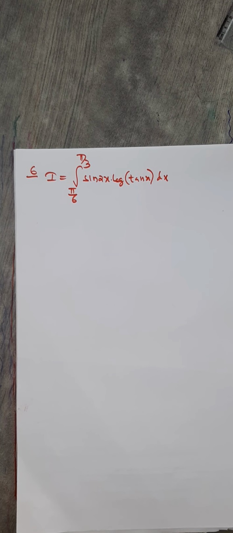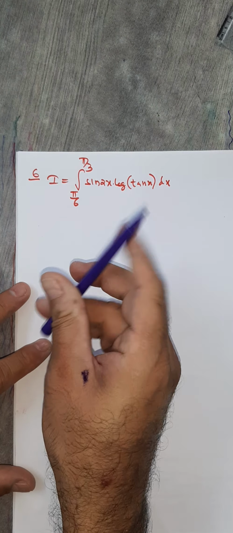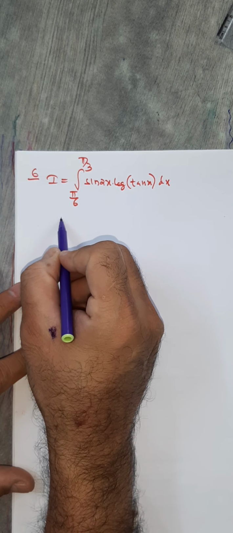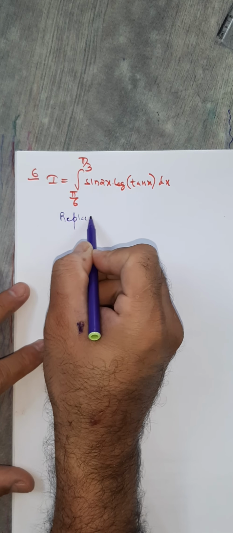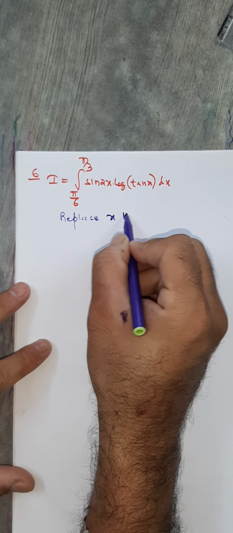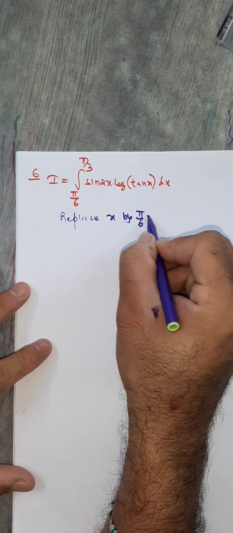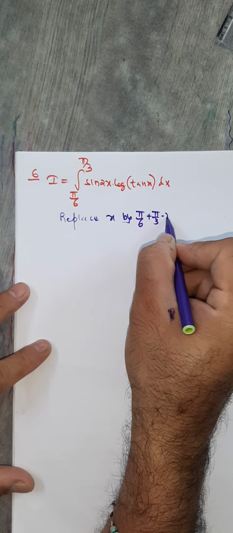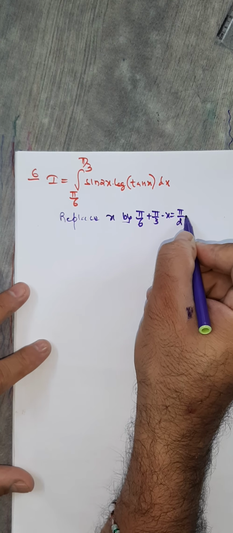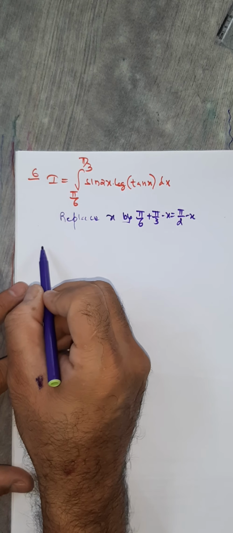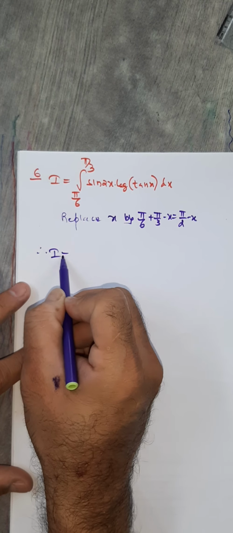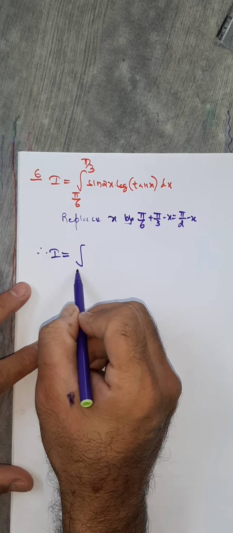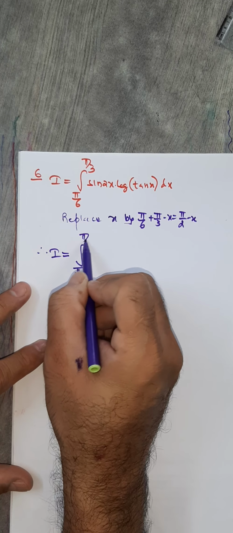Replace x by pi by 6 plus pi by 3 minus x, that is pi by 2 minus x. So you will get I here. Limits would be the same, pi by 6 to pi by 3.